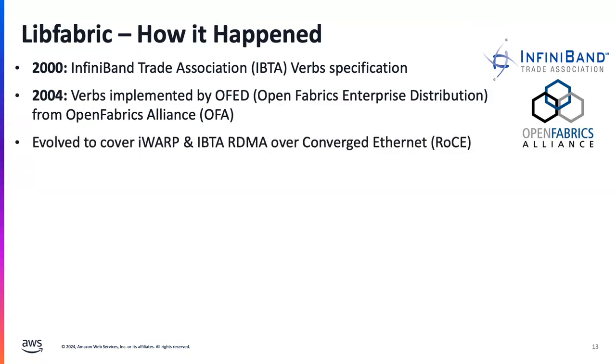So that later evolved to cover iWarp, which is RDMA, and that's again remote direct memory access. It's a way that data can flow from the network interface card directly to memory without bothering the CPU. So iWarp is RDMA over TCP, and then there also is RDMA over converged Ethernet or ROCE.